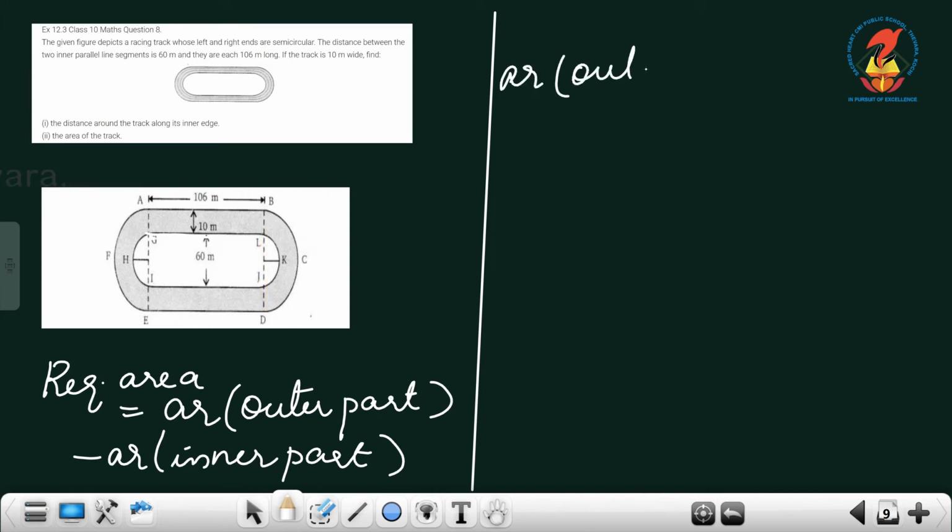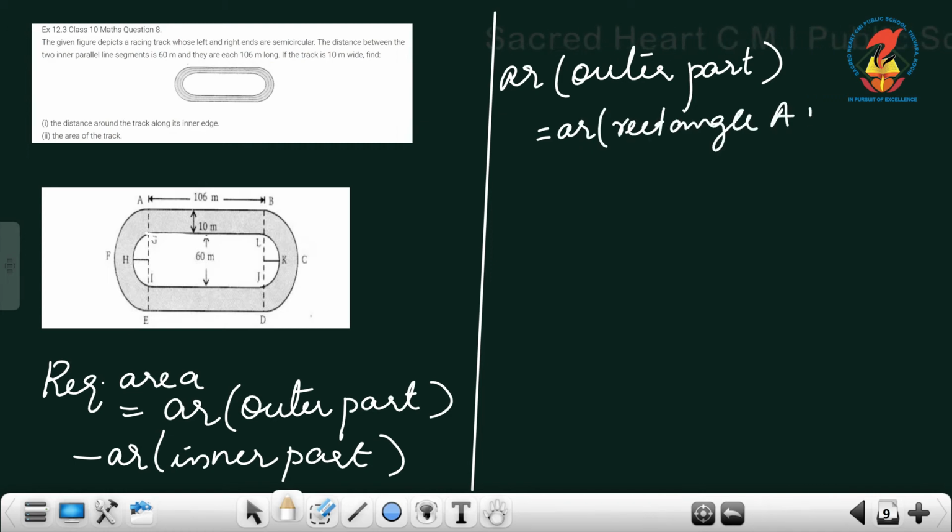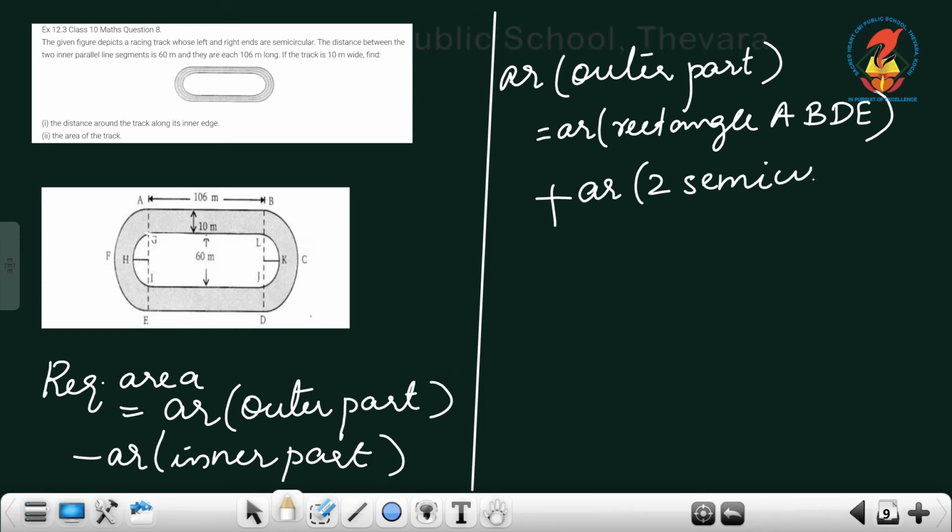Area of the outer part is equal to area of rectangle ABDE plus area of two semicircular regions.